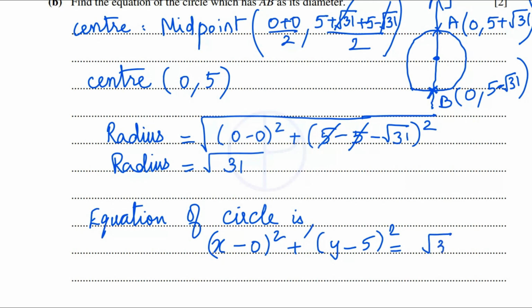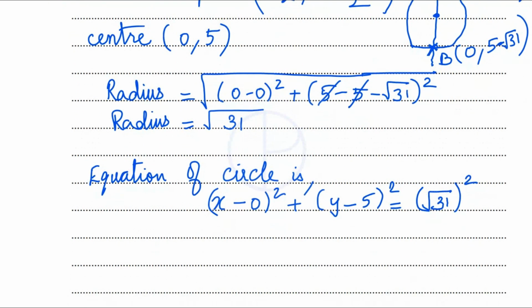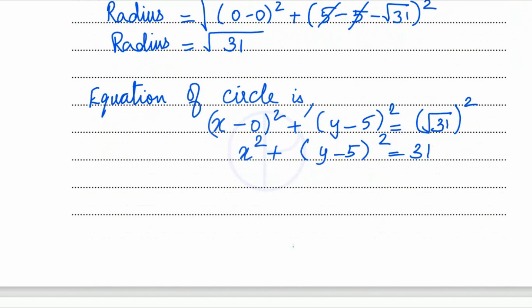So the radius is square root of 31, the whole square. This can be written as x square plus y minus 5 the whole square equal to 31, which is the equation of the circle.